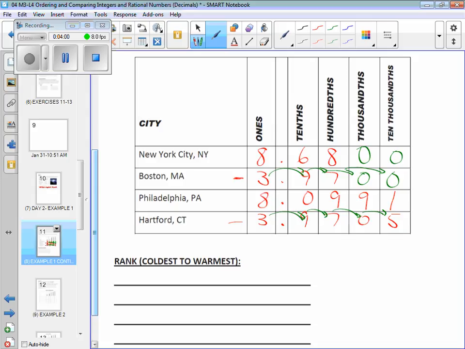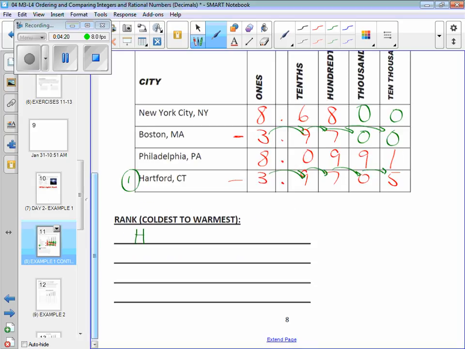Yup. You can't forget that negative symbol because it applies to every single place value holder. So negative 5 is lower than 0, which is neither negative nor positive. Therefore, Hartford's my coldest. And if you want, since it's only 4 cities, you can put it right on the line to begin with. Just remember to cross it out when it's done, so you don't have to worry about it again.